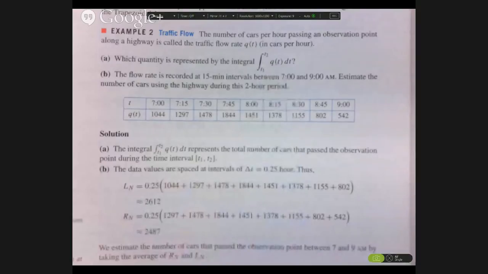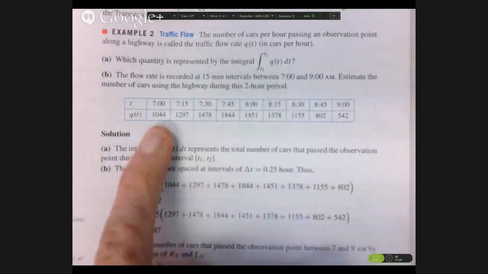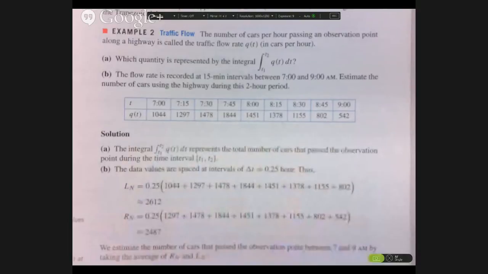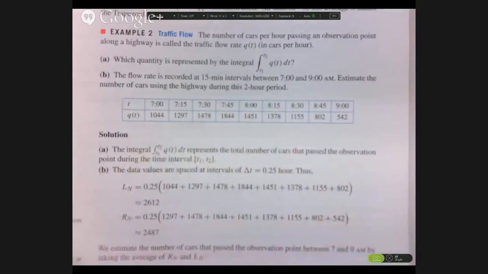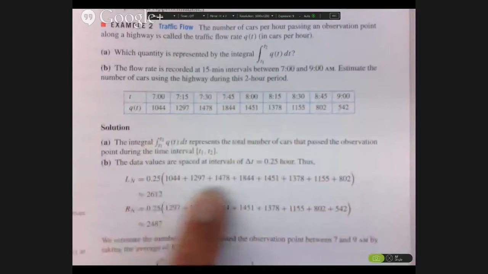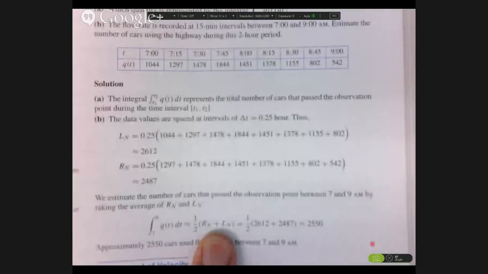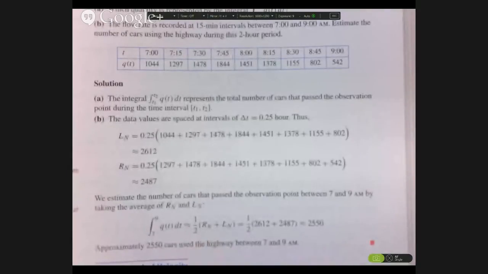Part B, okay, the flow rate, not the number of cars that passed, it's the rate, is recorded here in 15-minute intervals. Estimate the number of cars using the highway. Okay, you just need to do a left or right-handed endpoint and you can actually average the two if you want to get a good approximate answer.